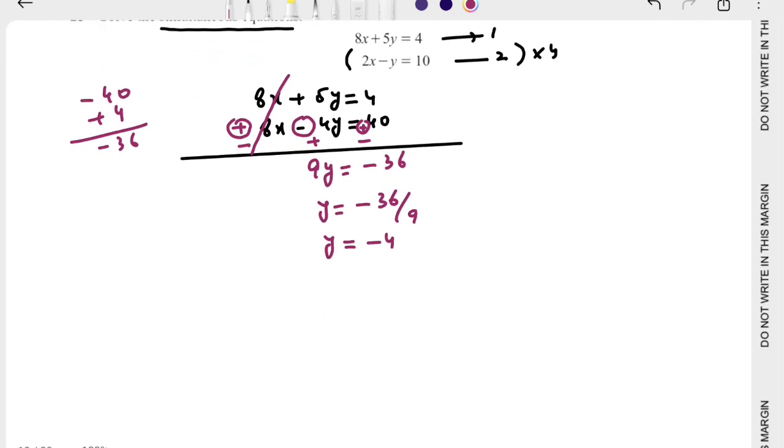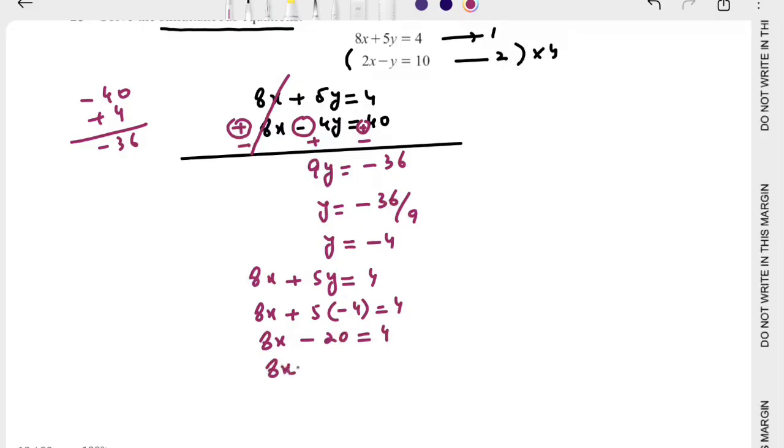Now substitute this value in any one of the equations. We will have the value for x. So 8x plus 5y is equal to 4. So 8x plus 5 into minus 4 is equal to 4. So 8x minus 20 is equal to 4. 8x is equal to 4 plus 20.